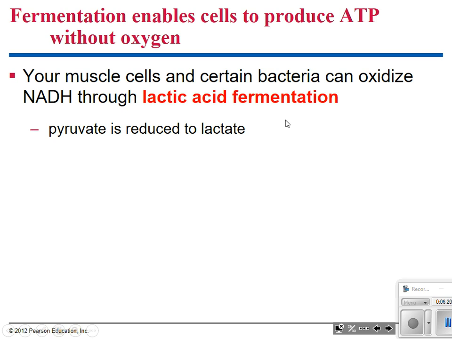Your muscle cells and certain bacteria oxidize NADH through lactic acid fermentation. Now, why do they call it lactic acid fermentation? Well, you look at that second line there. Pyruvate is reduced to lactate.